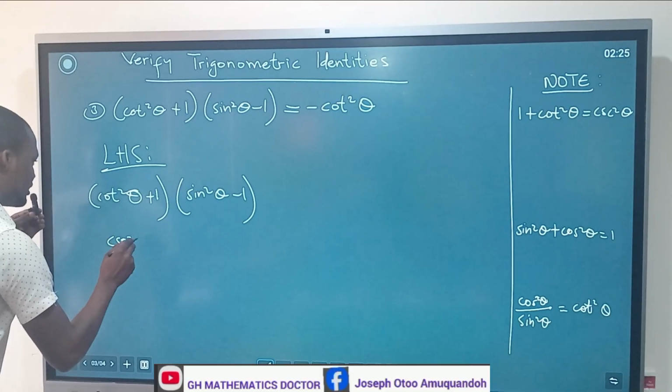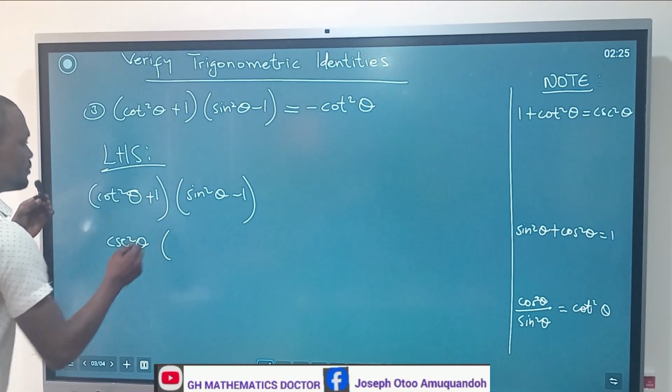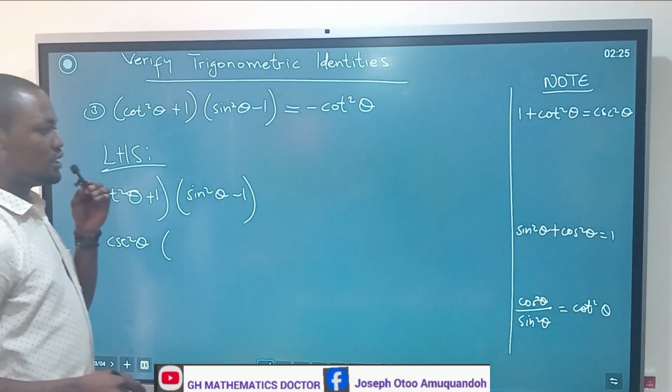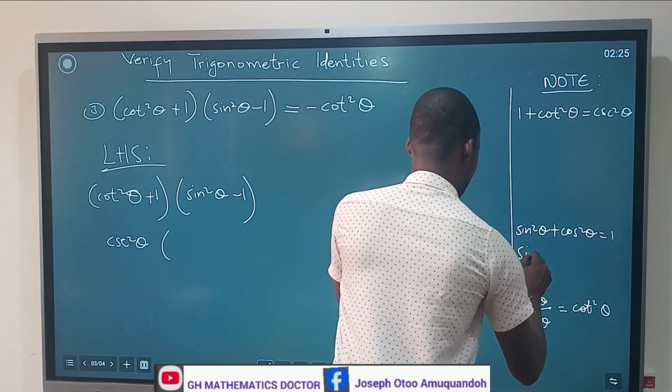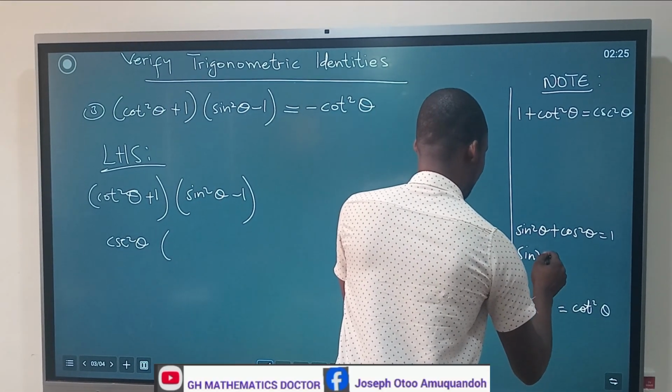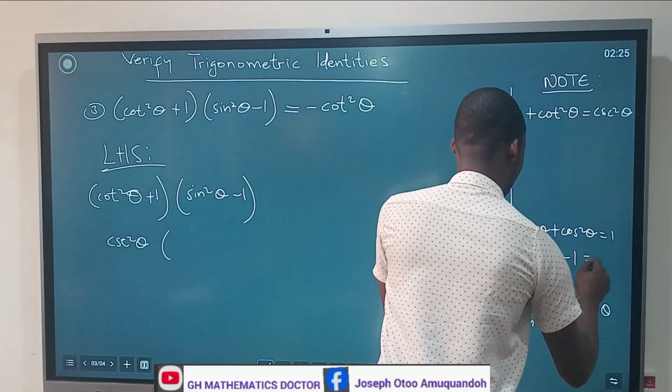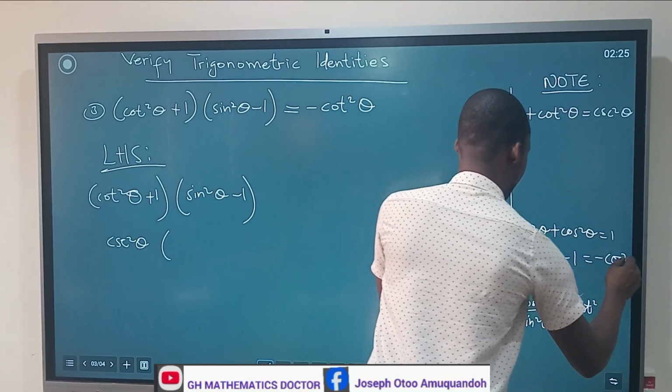cosec² θ multiplied by (sin² θ − 1), and sin² θ − 1 will give you negative cos² θ.